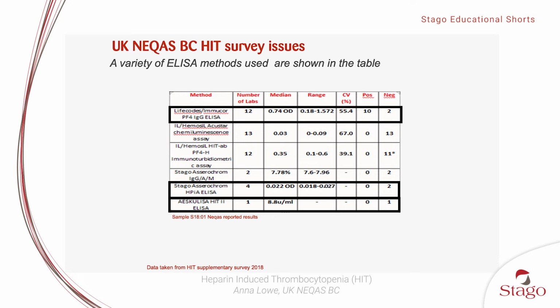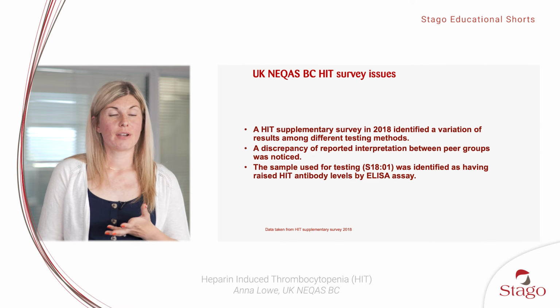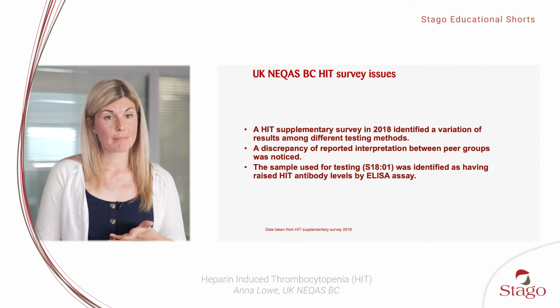As you can see, the majority of the participants using the ELISA method reported that the sample that we sent out to them, coded S1801, was negative. However, one type of assay that was used by 12 participants was shown to be positive. So obviously we identified a variation of results among different testing methods.